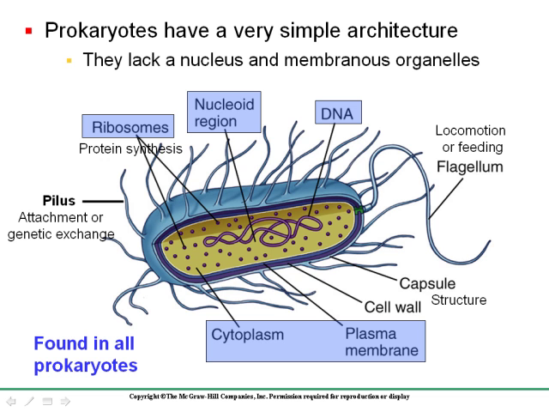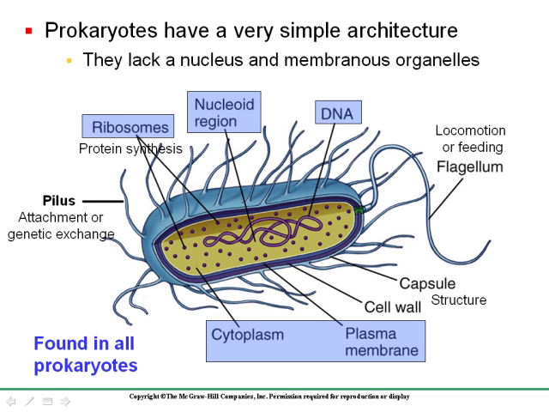The structures indicated in blue are found in all prokaryotes. Number 1, you find a plasma membrane, and within that plasma membrane, you find cytoplasm. You also have DNA. However, keep in mind that that DNA is found floating in the cytoplasm and not within a nucleus like you would find in eukaryotes.